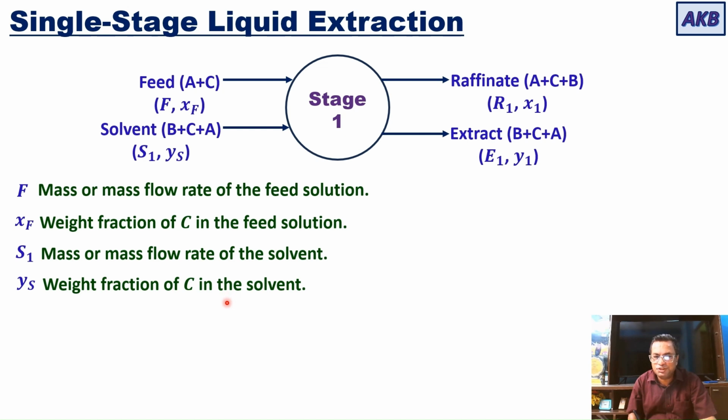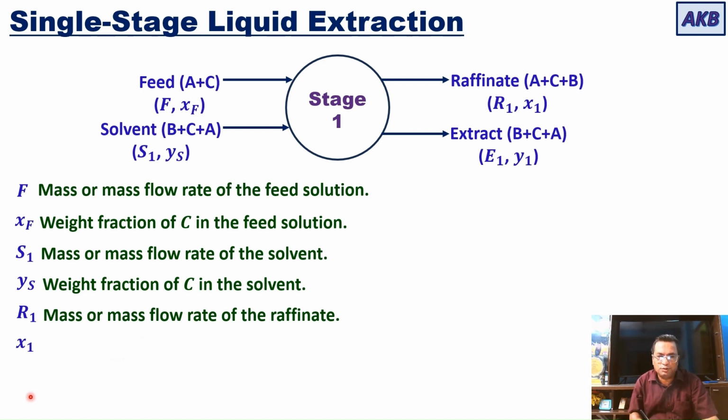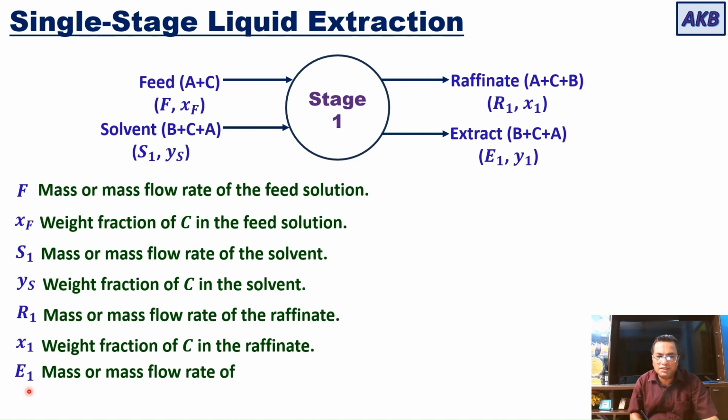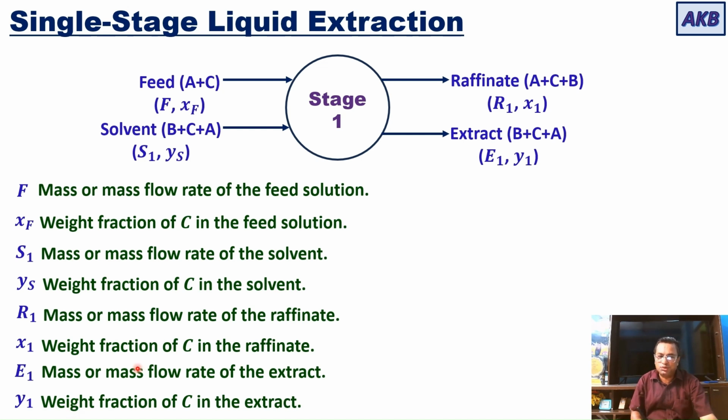It will come into the picture if you are using a recovered solvent. Then R1 is the mass or mass flow rate of the raffinate phase, and X1 is the weight fraction of C in the raffinate phase. Finally you have E1, which is the mass or mass flow rate of the extract phase, and Y1 is the weight fraction of the solute C in the extract phase.